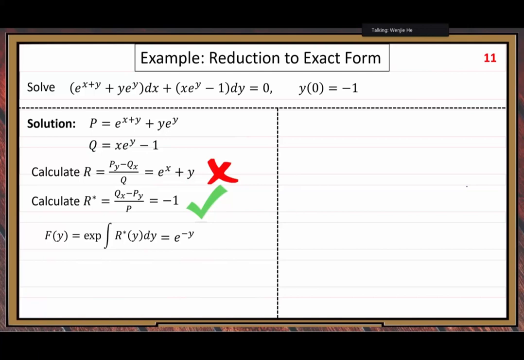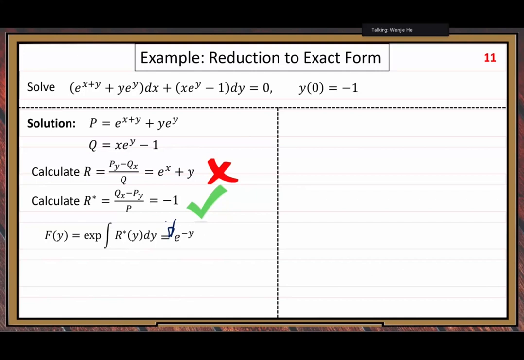That means you may need some constant, right? Usually for an indefinite integral you need to include some constant. So there is a constant in this exponent part, which means there is some constant in front of this function. But here, we skip that constant.